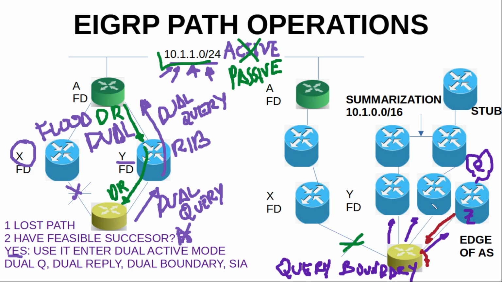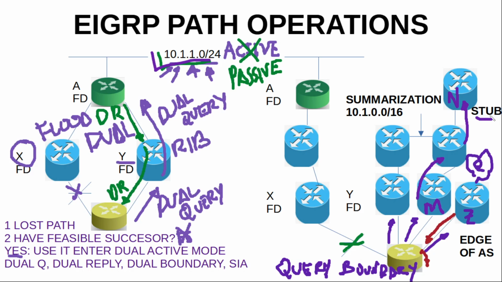And let's see what happens with this router. Let's say router M. This router is going to forward this query upstream. Each router has to check if this prefix still exists in its topology tables. So if it doesn't exist, it has to be forwarded upstream until this query reaches this router, let's say router N, that happens to be tagged or configured as a STUB router.